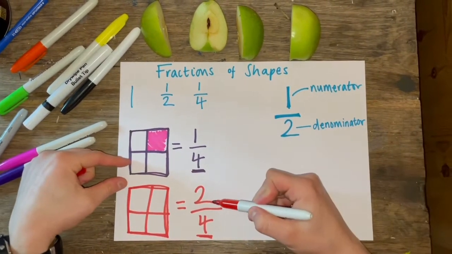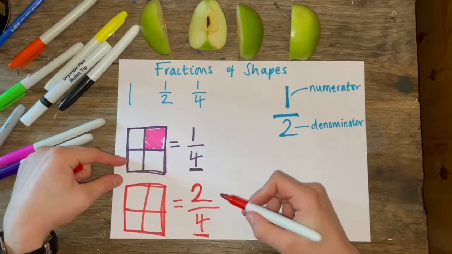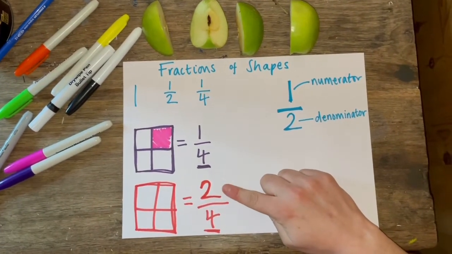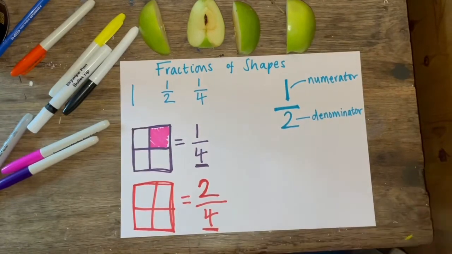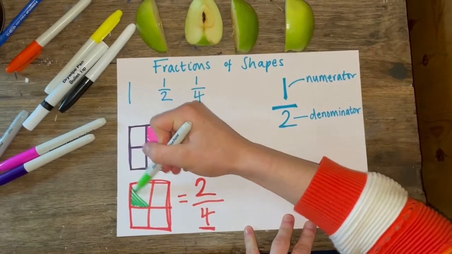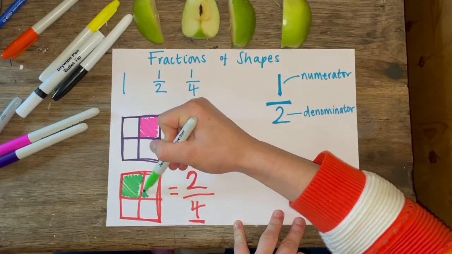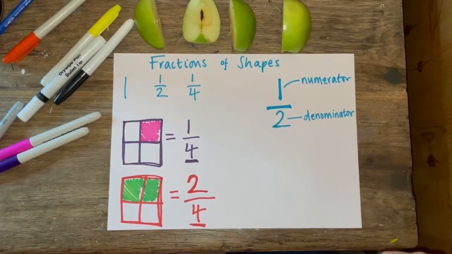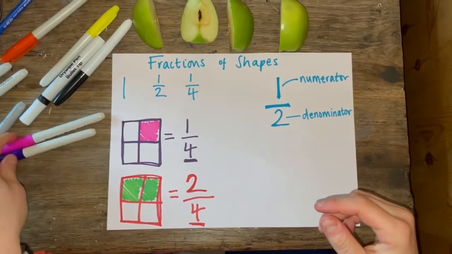But it's asking us here with the top number, the numerator, to colour in how many? 2. It's asking us to colour in 2 quarters. So 2 out of the 4 boxes. Well done.